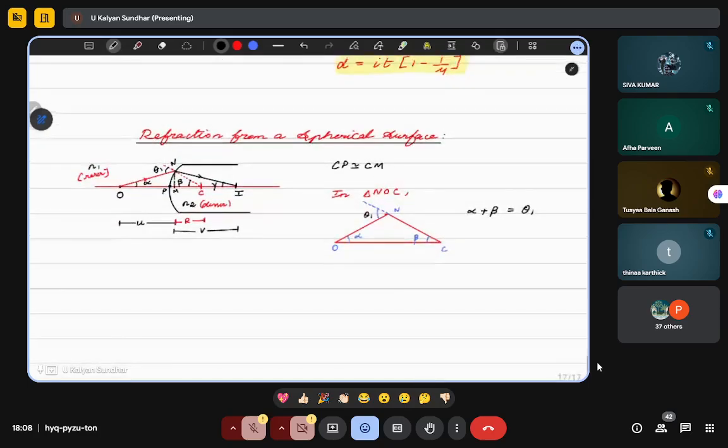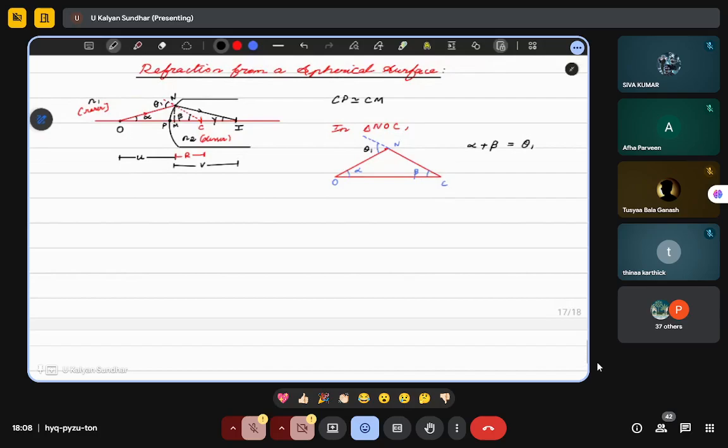Next, take the triangle N, I and C. This is I, this is C, this is N. And this angle is your gamma.